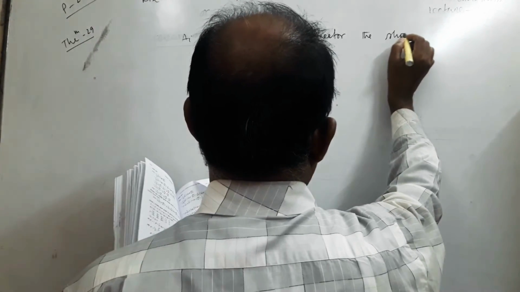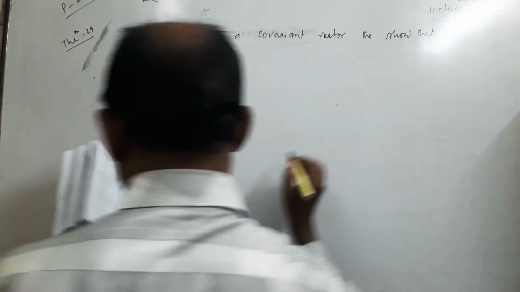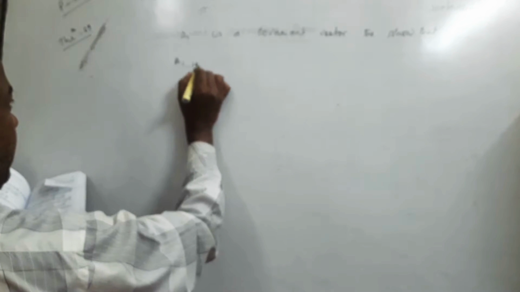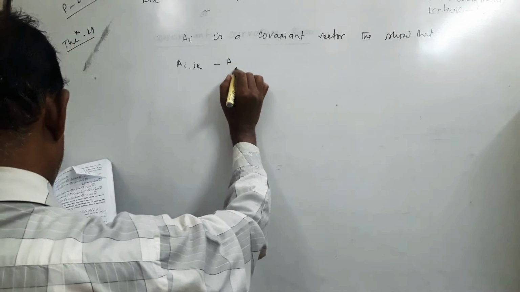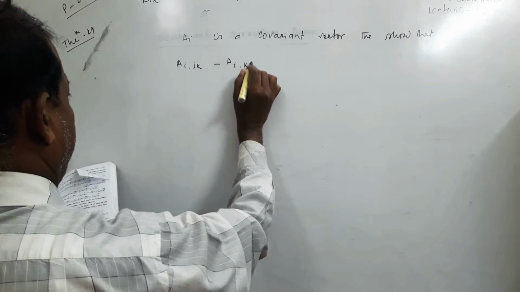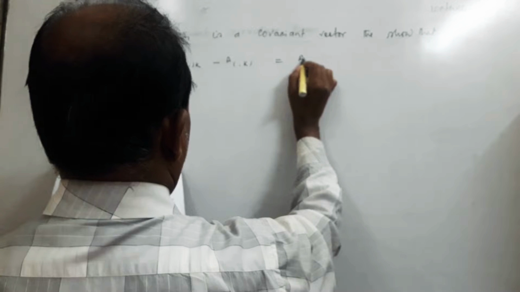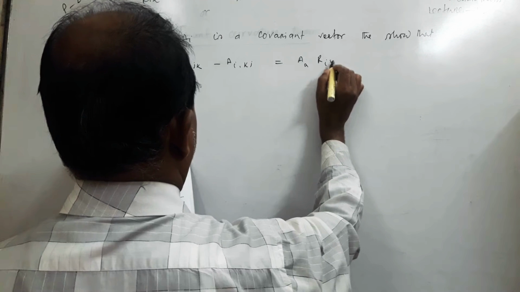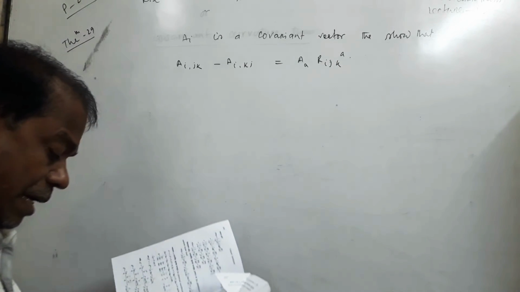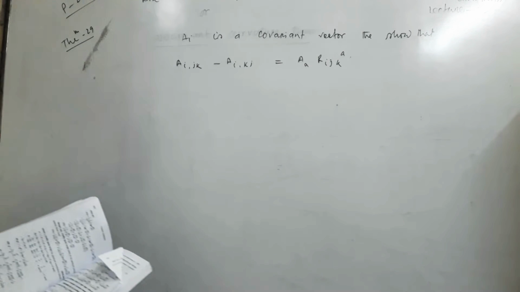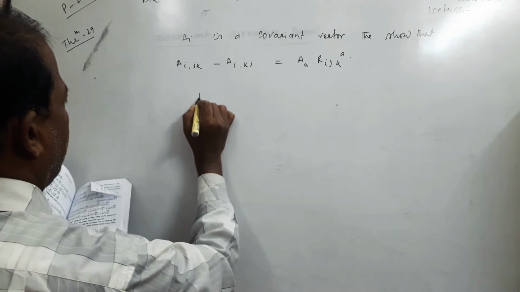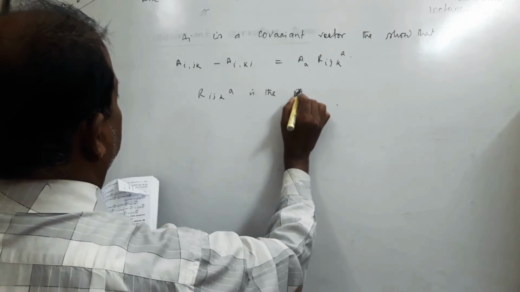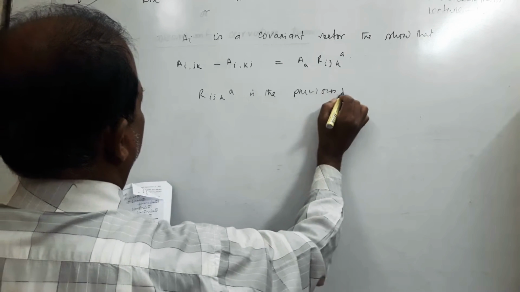Then show that Ai,jk minus Ai,kj equals Rijk a, where Rijk is the previous rule.